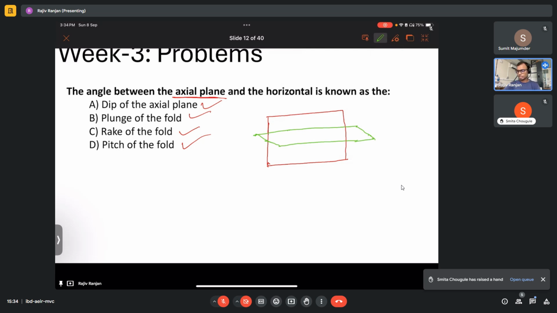Now the question is asking the angle between this axial plane and the horizontal. So this angle, right?